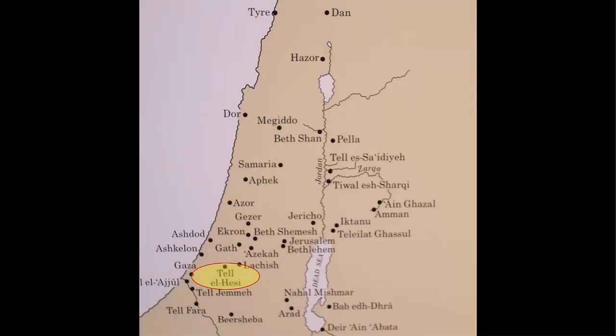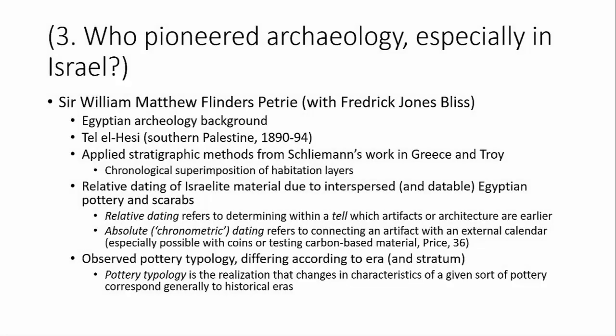If you wish to locate it, you would want to find the city of Gaza, which is on the coast, the southwestern, the Mediterranean coast of Palestine. Tel el-Hesi is near there. At that site, as he began peeling away the layers, he noticed that there was the imposition of various layers of living.